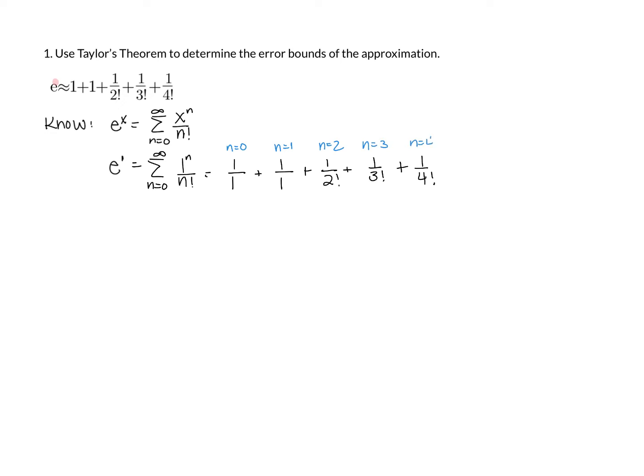One, this is a 4th degree Taylor polynomial. And the 4th degree polynomial happens to be centered at x equals 0 with an x value of 1. So we can see this Taylor polynomial. Now, tell me what that means.